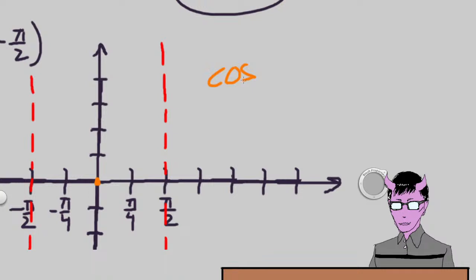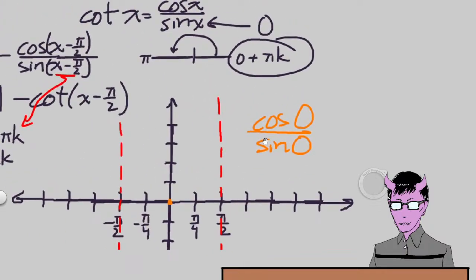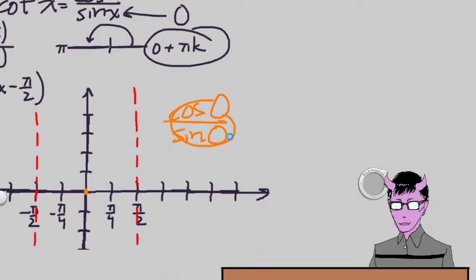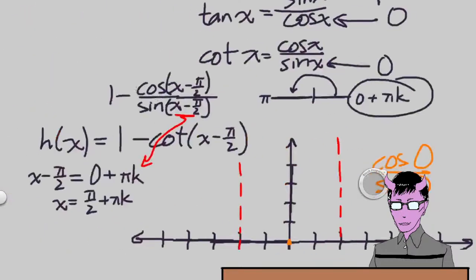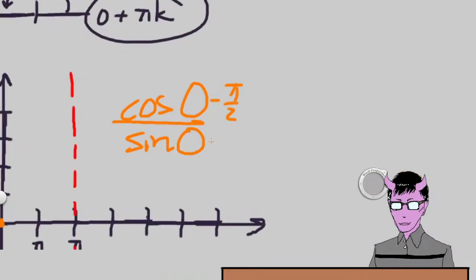Because if we take cosine of 0 over sine of 0, what happens? In this particular case, since everything is shifted over, it's actually okay. Normally this would default to undefined, because we have this minus pi over 2. It's kind of quote-unquote saved from the situation, right?